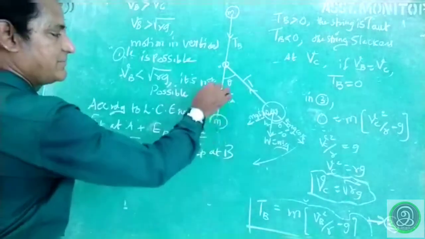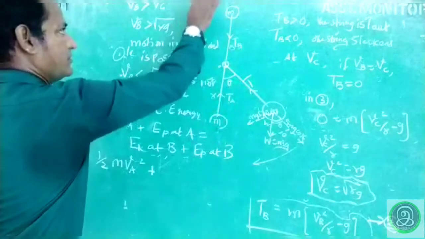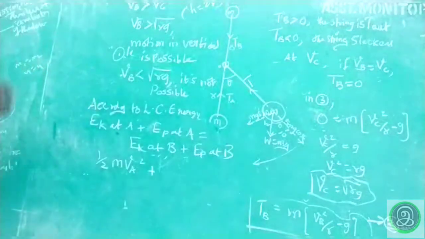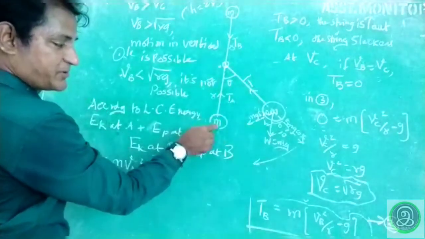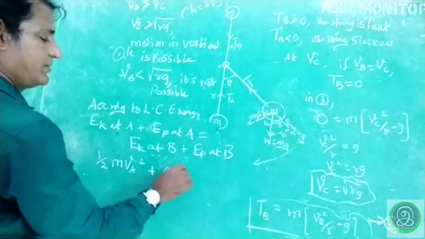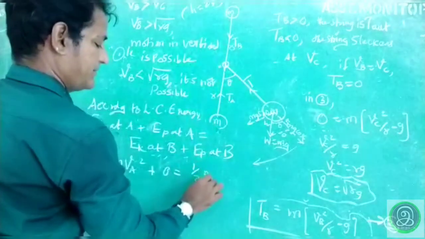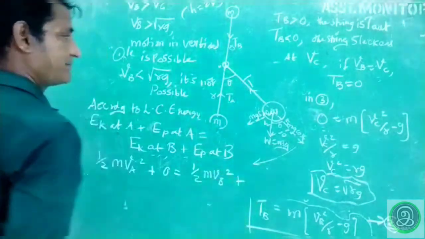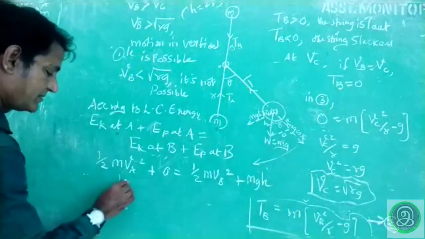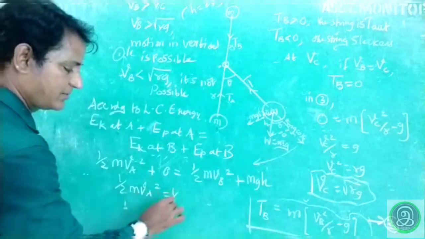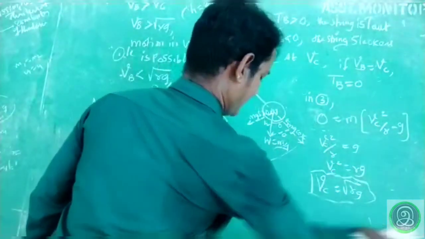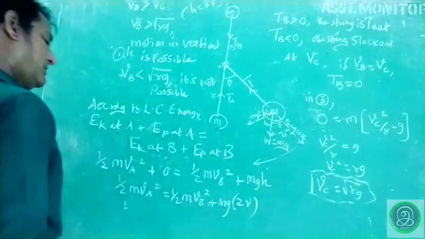Since the height, if this is R and if this is R, the height is 2R, so from the center it is R. Since at the lowest position the height is 0, EP at A equals 0. This is equal to EK at B, half mVB squared, plus mgh. So half mVA squared is equal to half mVB squared plus mg. What is h? h is nothing but 2R, right?